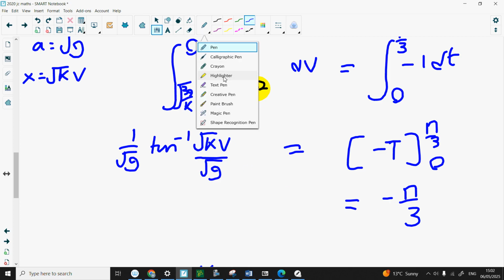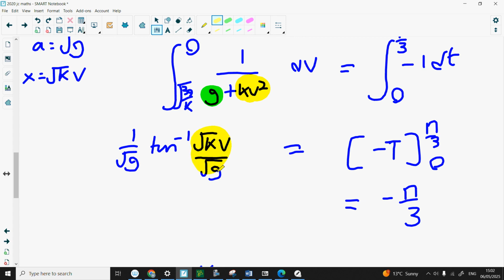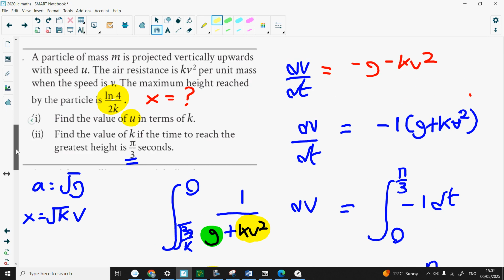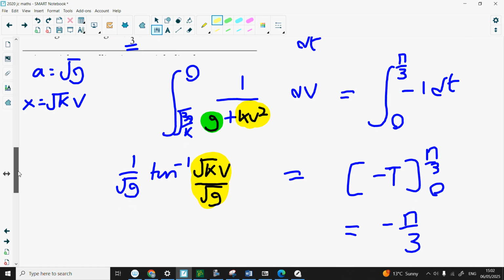And this one here, when you're inversing this, you also have to, it's 1 over g tan inverse kv over root g. I suppose what we should have done there was a substitution. I made this part way too difficult, okay?